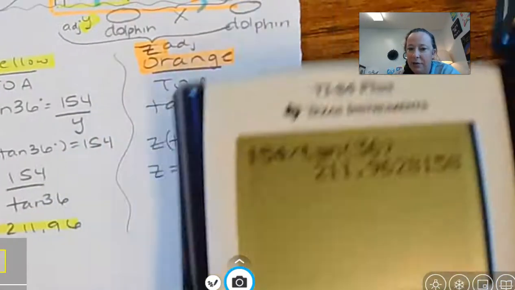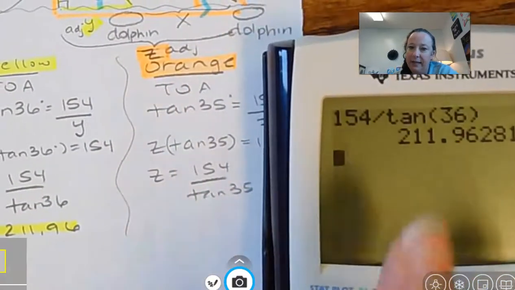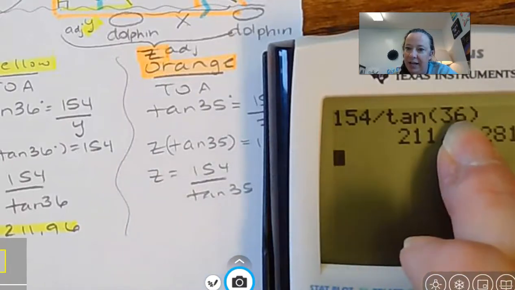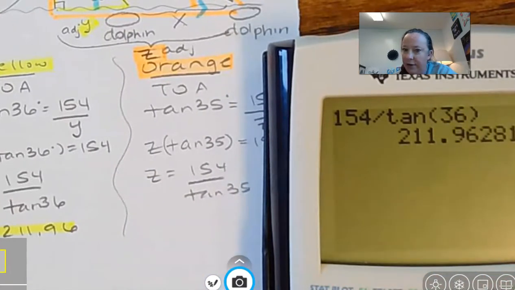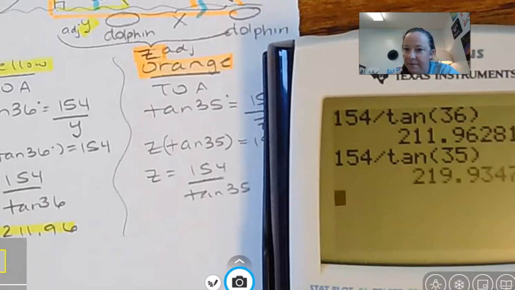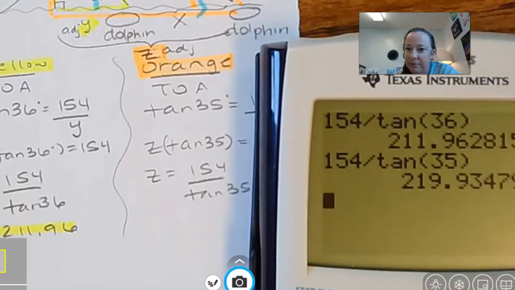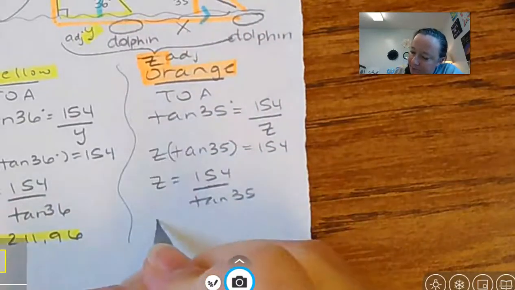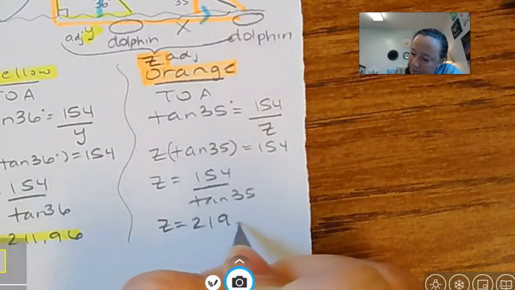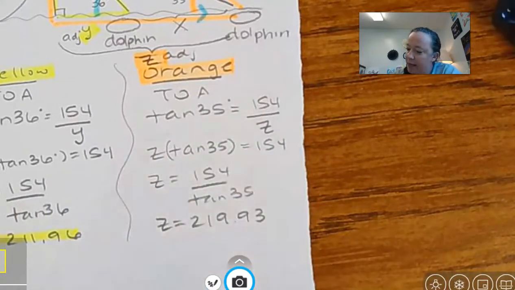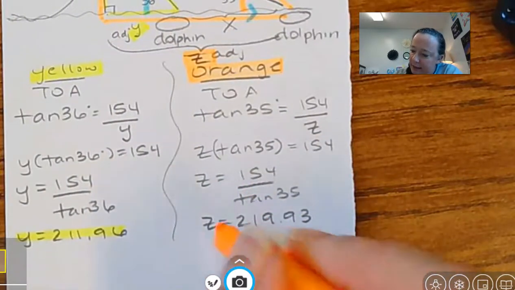And in case you didn't know this trick, it's basically the same thing we just typed in. We just have to change that to a 5. So I hit second enter, and it brings what we just typed in back up. I'm just going to scroll over and put a 5 there. I get 219.93. So what is the distance between the dolphins?